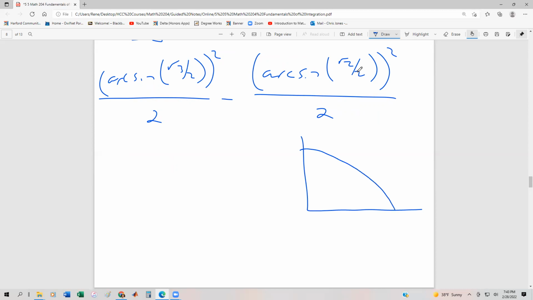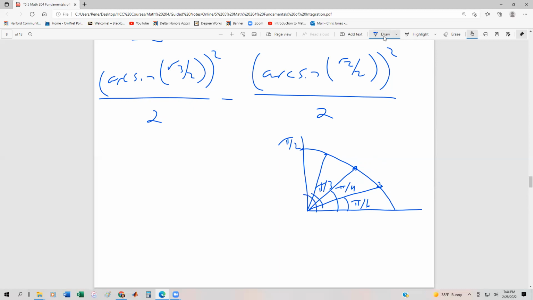We have these angles: this would be pi over 6, this would be pi over 4, this would be pi over 3, and this would be pi over 2. By the way, those aren't the points, those are just the angles inside. I'm just trying to remind you, just in case it's been a little while since you looked at the unit circle.